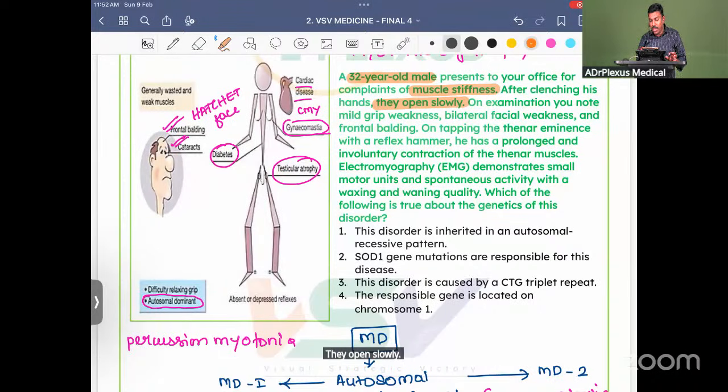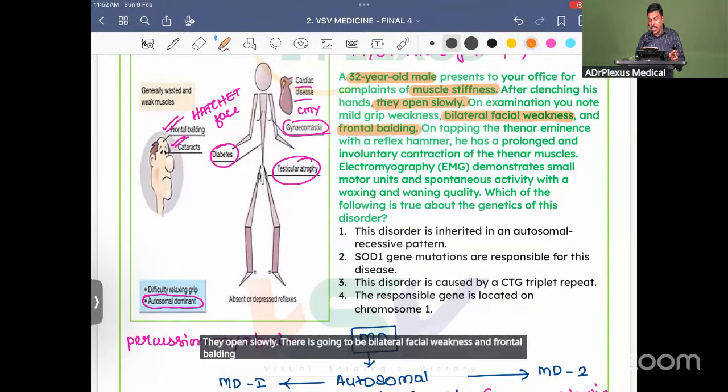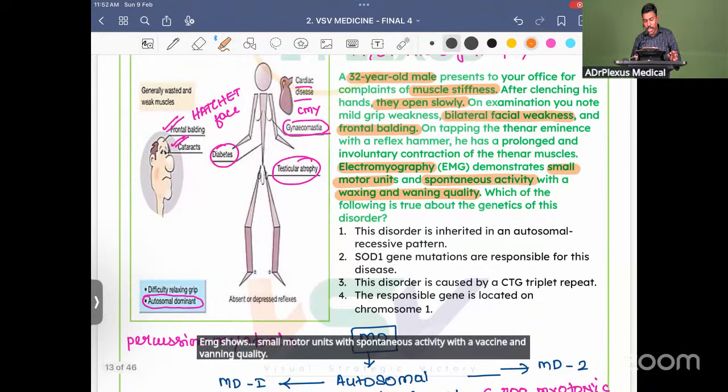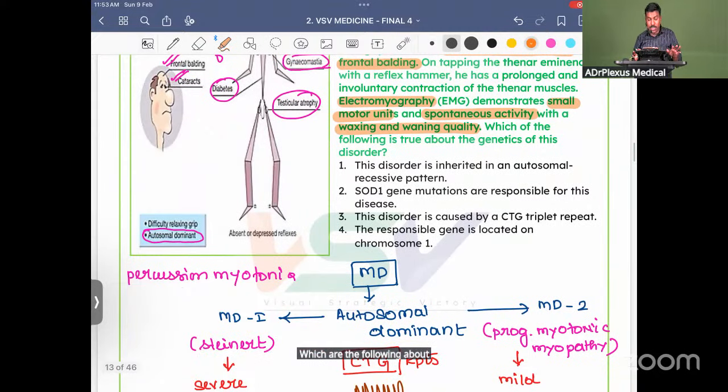There is bilateral facial weakness and frontal balding. On tapping the thenar eminence with a reflex hammer, he has a prolonged and involuntary contraction of the thenar muscle. EMG shows small motor units with spontaneous activity with a waxing and waning quality. Which of the following about the genetics of this disease is true?